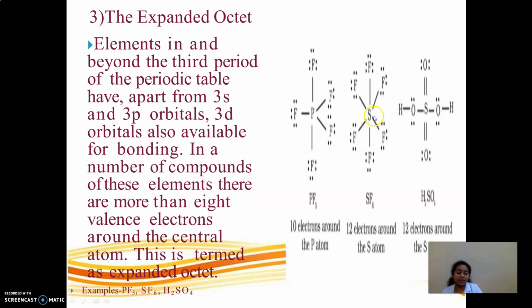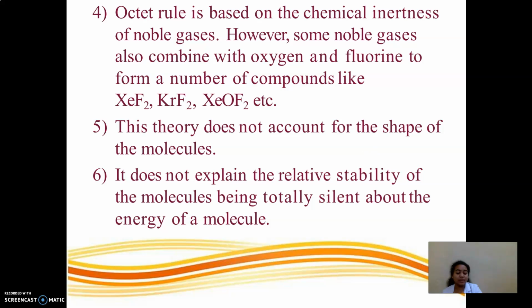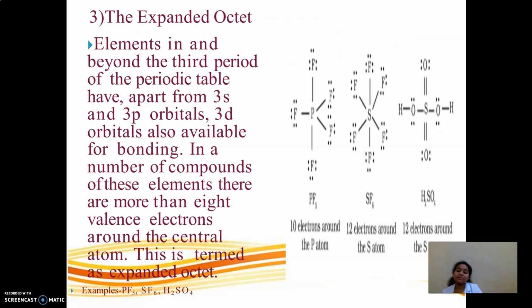In the case of sulfur, you can see there are 12 electrons around the sulfur atom. In the case of H2SO4, we can also see 12 electrons around the sulfur atom. This is because of the ability of the 3d orbital.